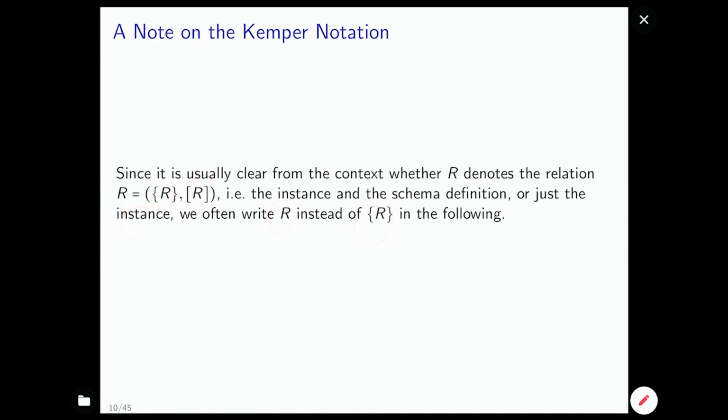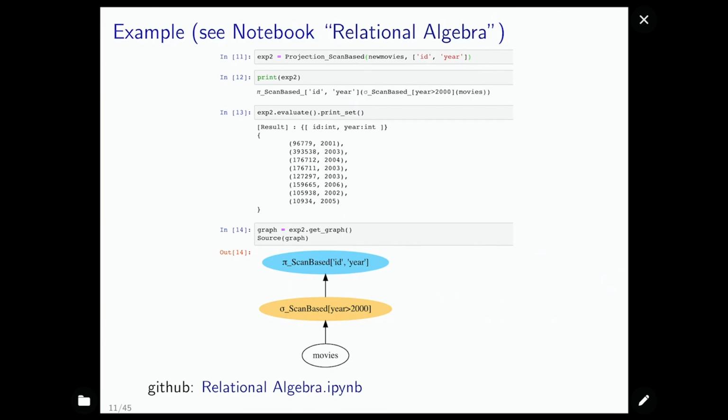It should be clear from the context what is meant, so I want to avoid writing down these complex expressions every time I do an example. Okay, how do we do that? In which order?